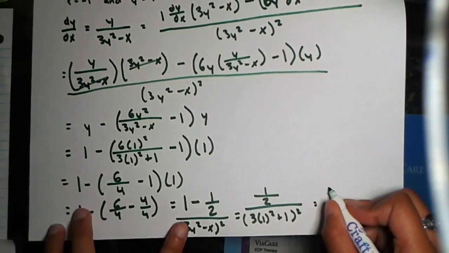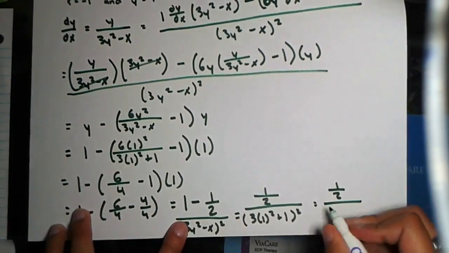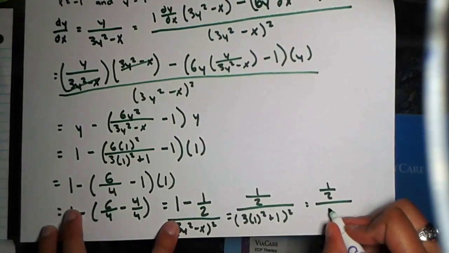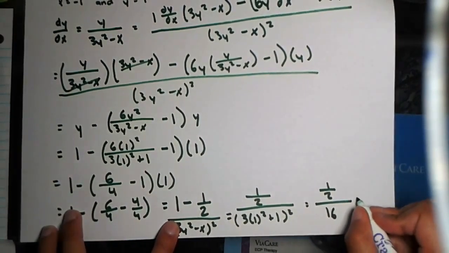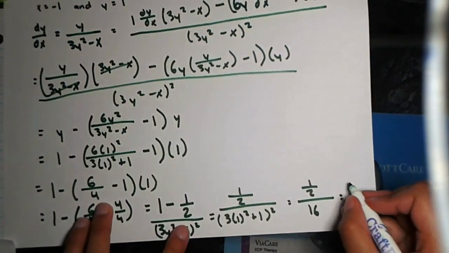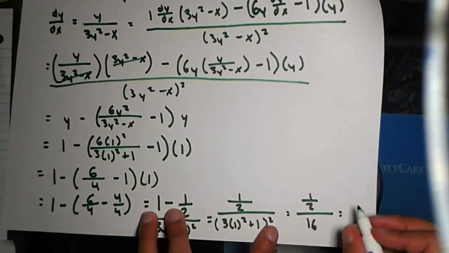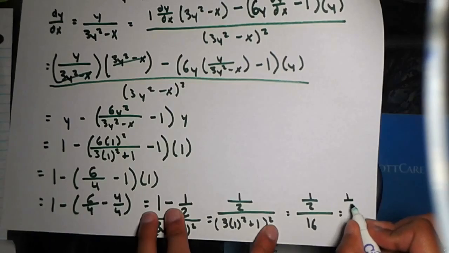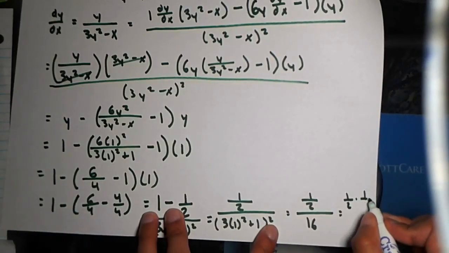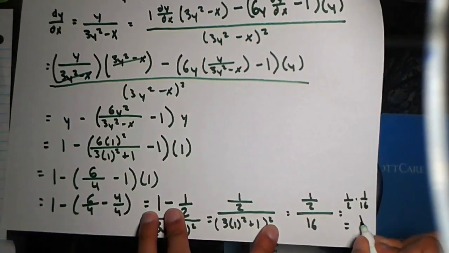So it is 1/2 over 4 squared, which is 16, and you would get 1/2 times 1/16, which would equal 1/32.